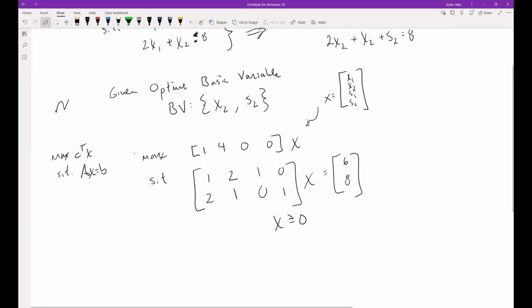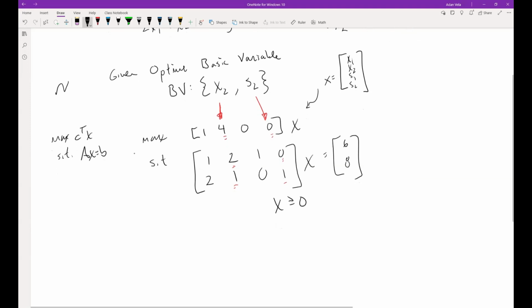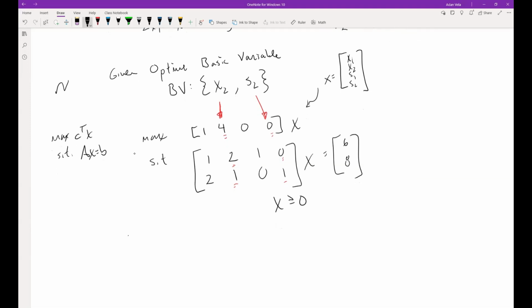So we know x2 and s2 are our basic variables. That corresponds to the following columns. We're going to take 4, 2, 1, 0, 0, and 1 in order to define our B and our C and BV and all this stuff. So for starters, CBV is equal to 4, 0.